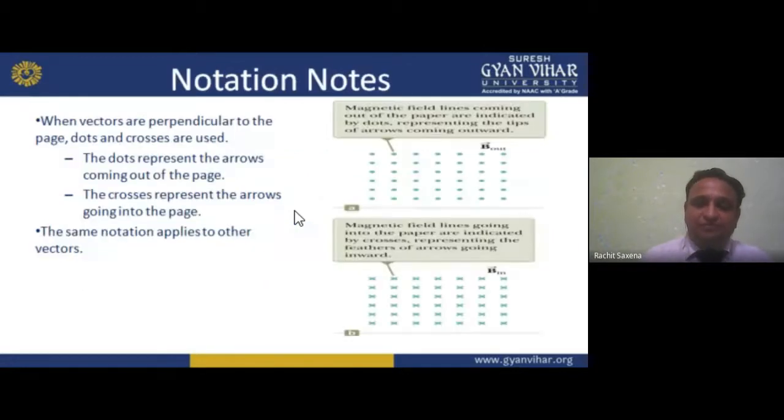Now moving forward, notation notes. I ended my previous lecture with this, but it was in unit number 1. Now I am starting unit number 2. Unit 1 and unit 2 are interlinked, because the topic of unit 1 is magnetic field and magnetic circuits, and here it is electromagnetic force and torque.